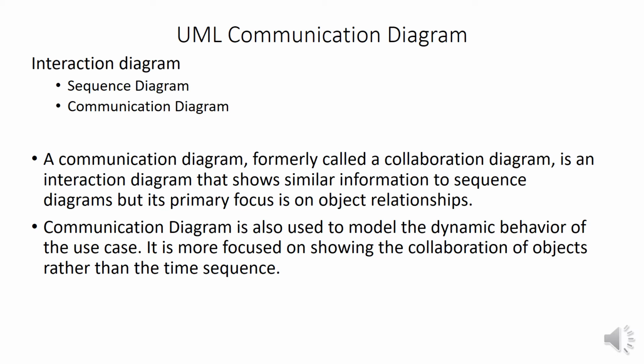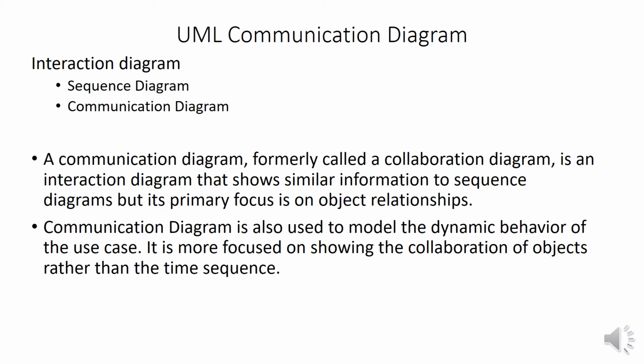So the sequence diagram and communication diagram both are semantically equal. They represent the same type of information, but the sequence diagram is organized according to time, as we have discussed that the vertical dimension of the sequence diagram represents time and the horizontal axis represents objects, and the communication diagram is organized according to links among objects.